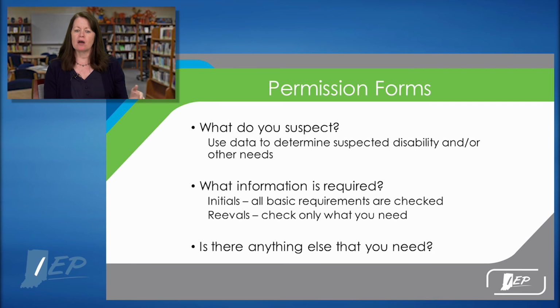It falls back on the professionals on that multidisciplinary team to say, what truly do we need in order to make our case, in order to give us enough data to make good decisions? If we have a lot of current data from how students are already doing in the program, how they're doing in class, how they're doing on other assessments that we have, that's a lot of data right there. I may not need some formal test battery in order to tell me that a student is doing fantastic.